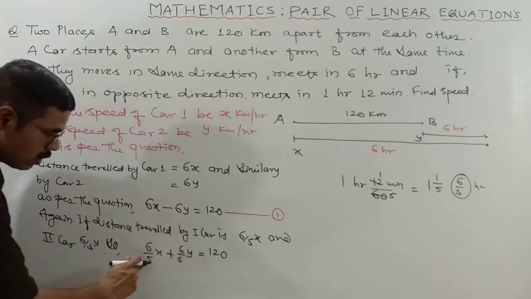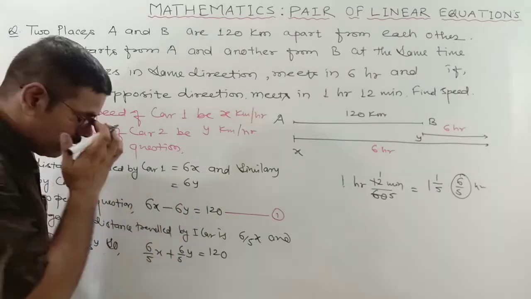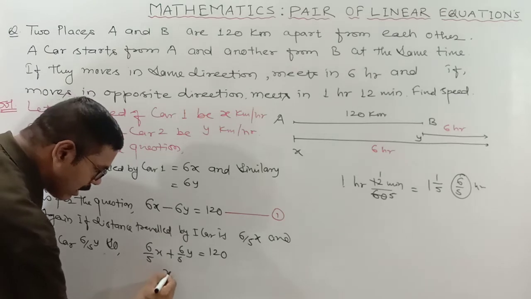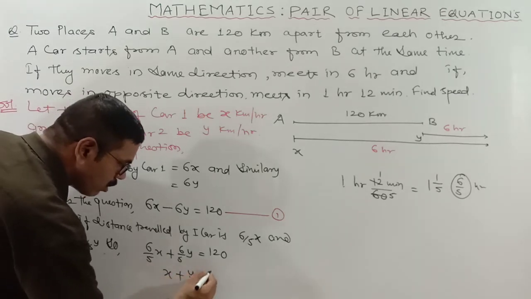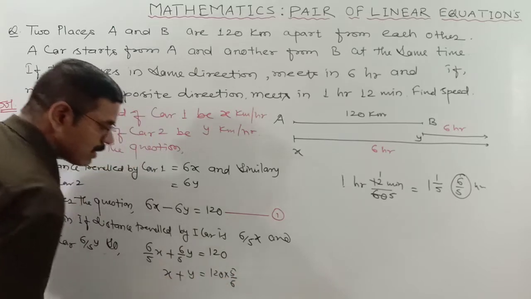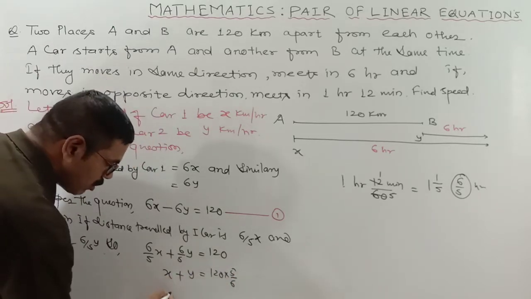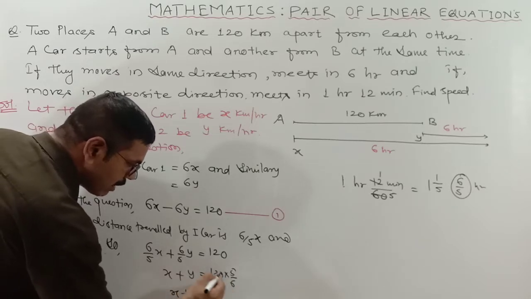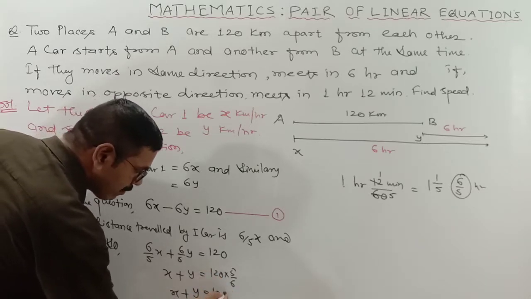Is it clear? So we take 6 by 5 common and multiply in 120. So x plus y is equal to 120 into 5 by 6. So that 5 by 6 we should solve. x plus y is equal to, that will be 100.